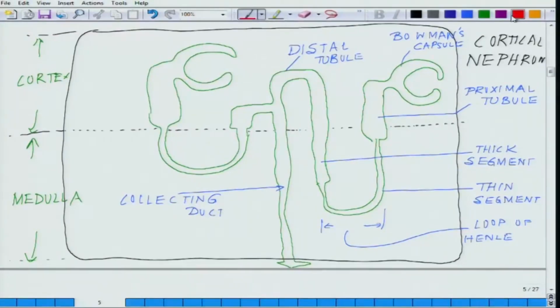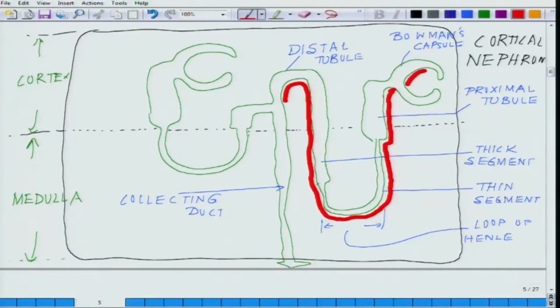The blood vessels are running like this, two tubes, and the major chunk of it is here.